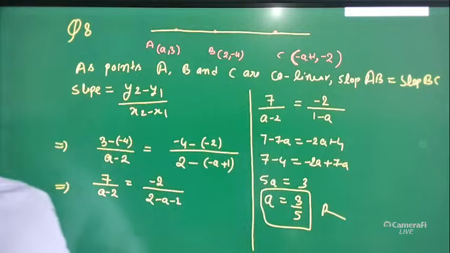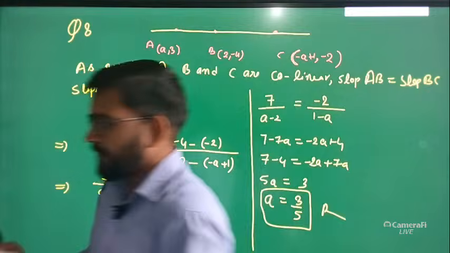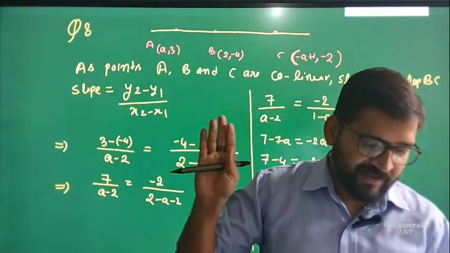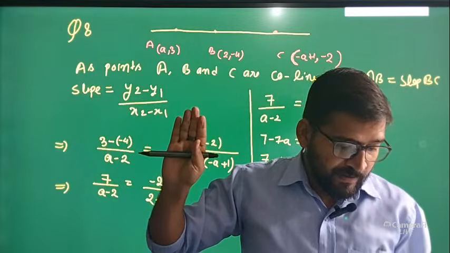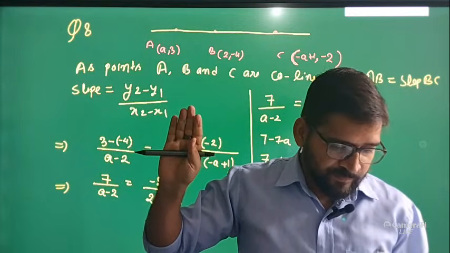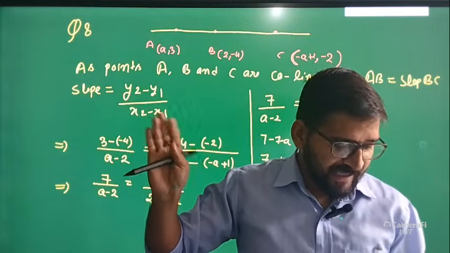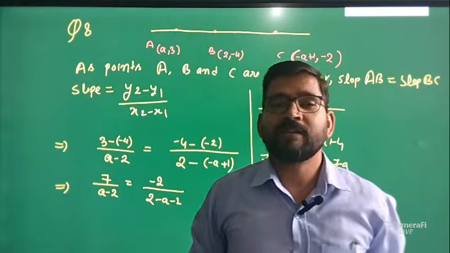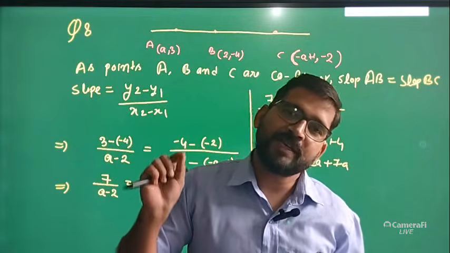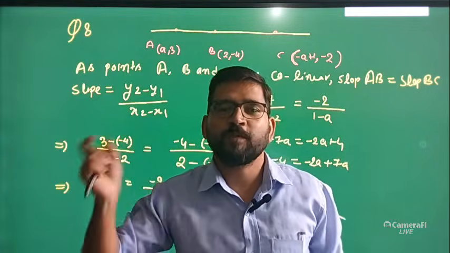Are you getting this or not? So here I told you question numbers 7 and 8, and all are the same. I told you 13 and 14 as well. All these questions are very important and very easy, and in all of them you only have to apply one thing: slope of a line, slope of a line, slope of a line.